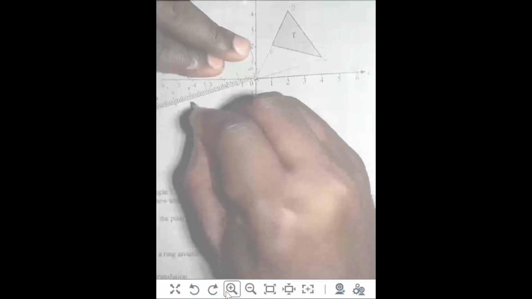I'll measure about 4.2 again. 4.2 in this case will be somewhere around here. So that is where my point will be.